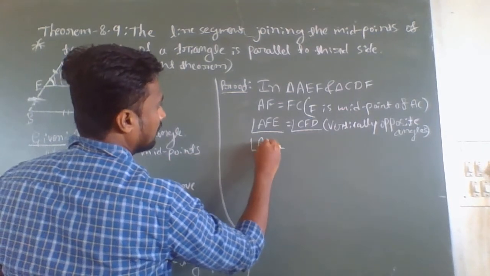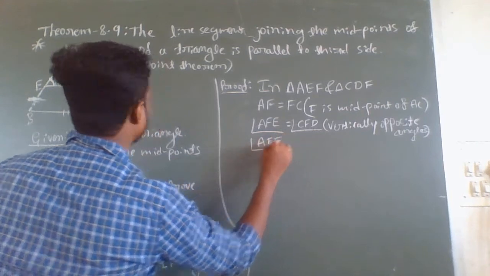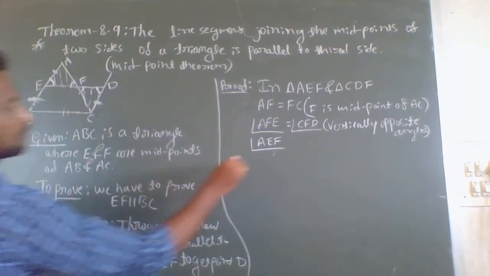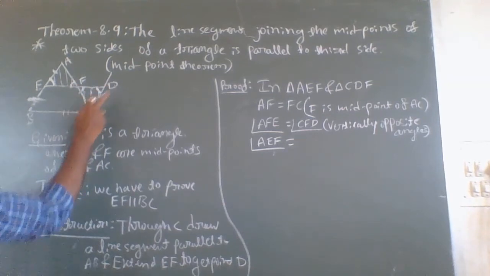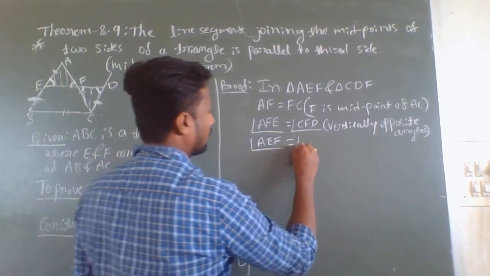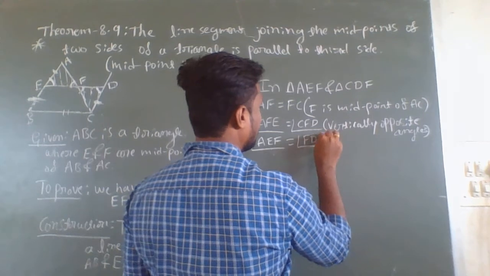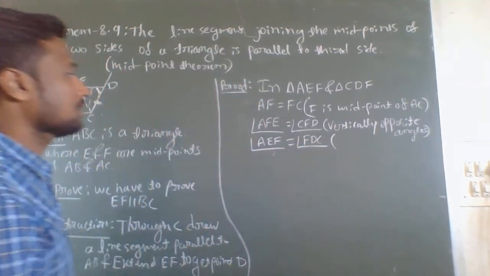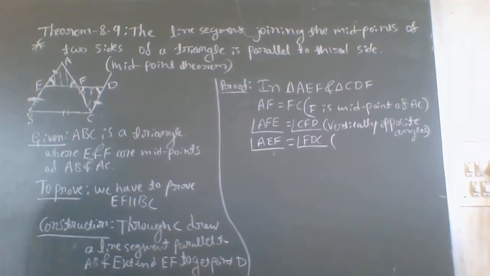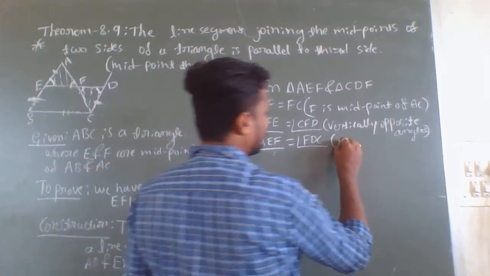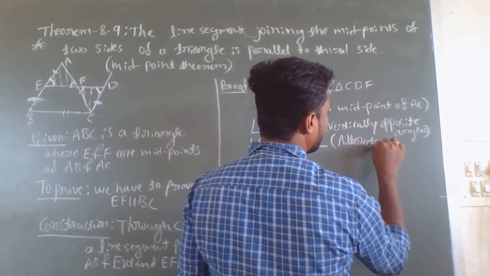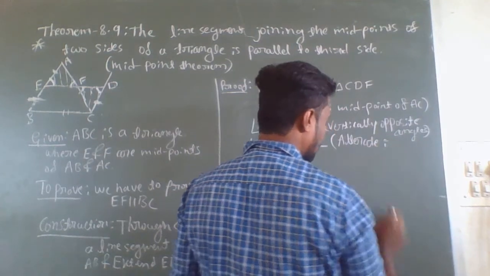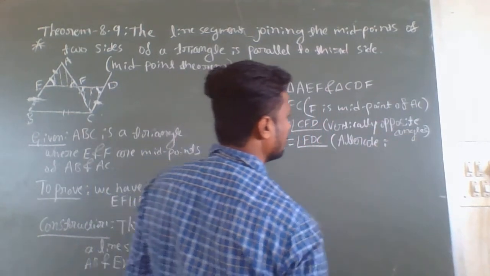Therefore, angle AEF is equal to angle FDC. Why are these two angles equal? Because of alternate interior angles. Why are these two angles alternate interior angles?